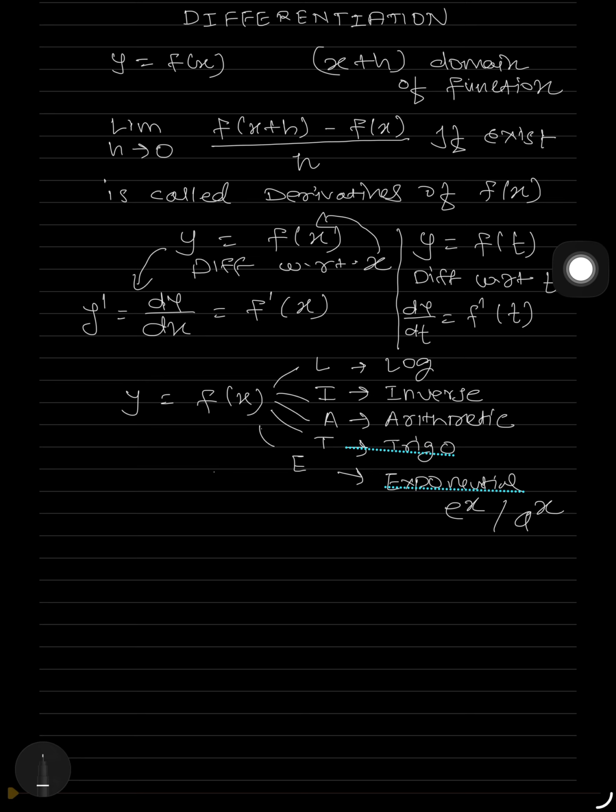So how do we find the derivative of a function? First, this same formula is known as the first principle. So we say the derivative by the method of first principle.